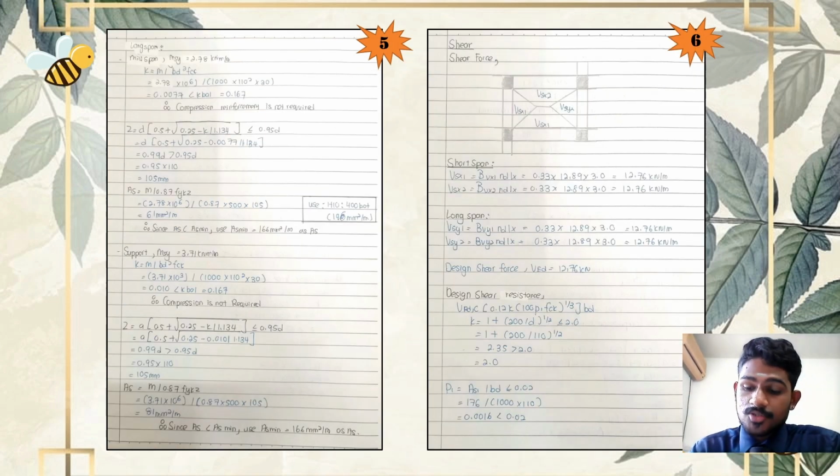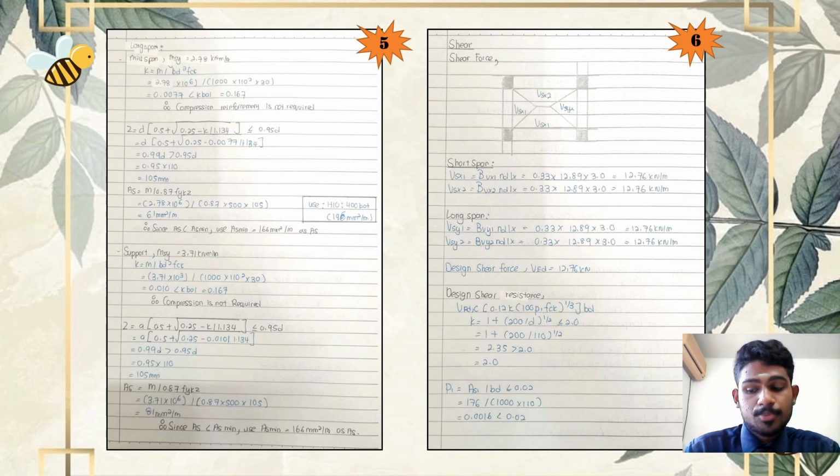For the long span, we should find the mid span first, which is MSY equal to 2.78. The formula that we are going to use is K equal to M per BD power of 2 FCK. The value that you will get must be less than K balance. Original value is 0.167, but the value that we get is 0.0077.